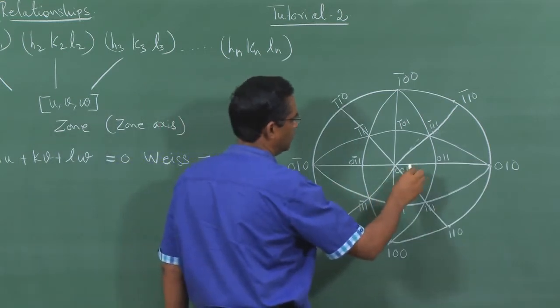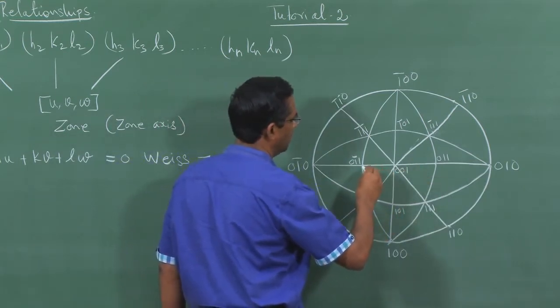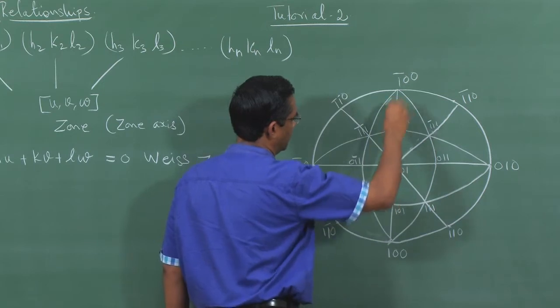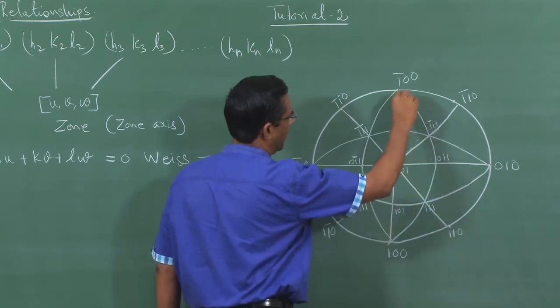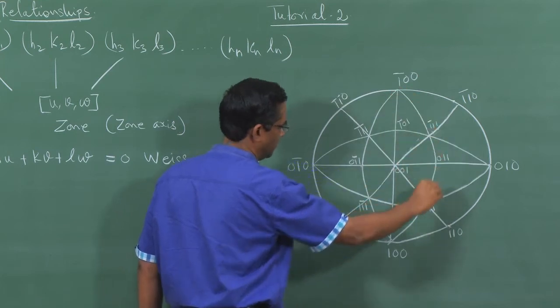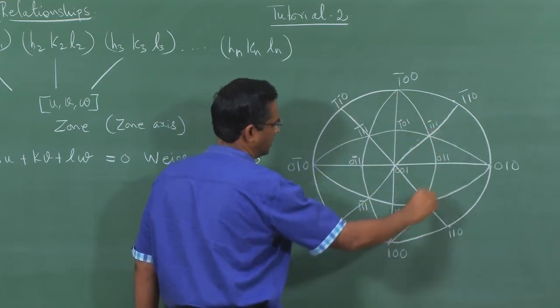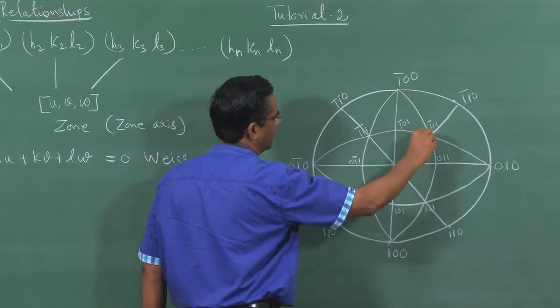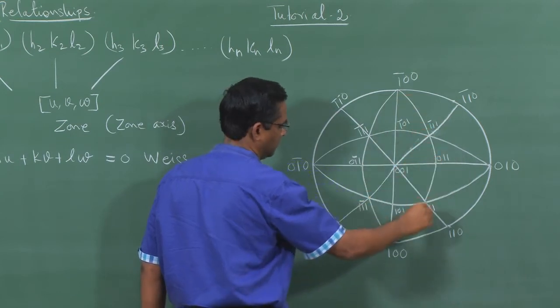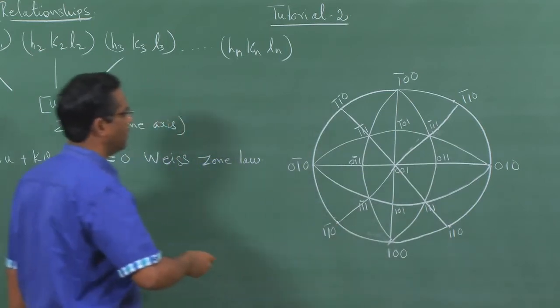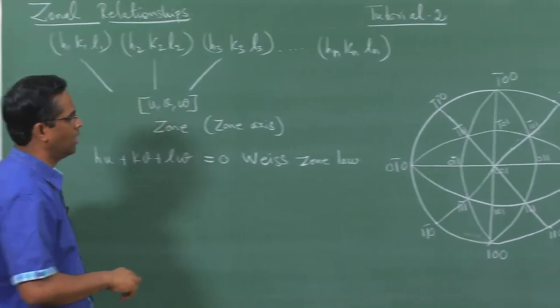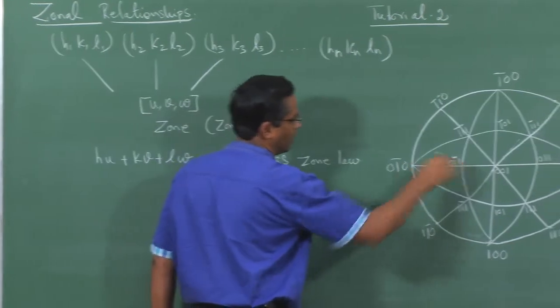Then for this kind of a pole, if you find somewhere the 90°, you will find this great circle, and whatever poles fall on it will be the corresponding poles of this zone axis.